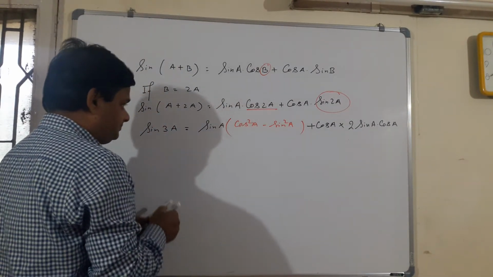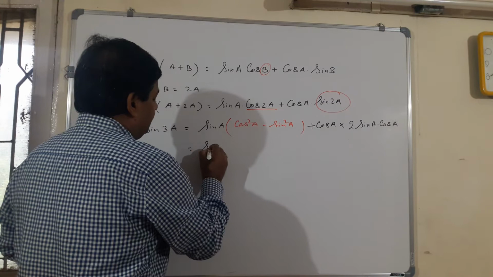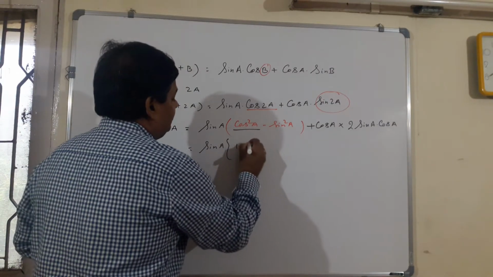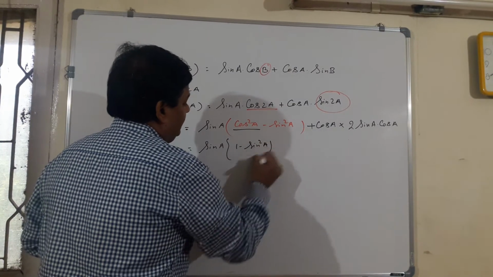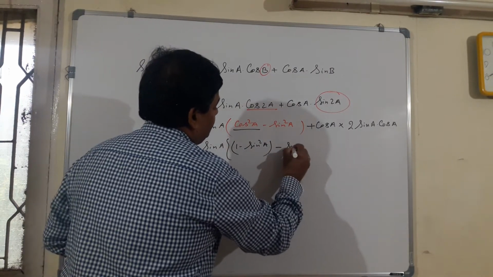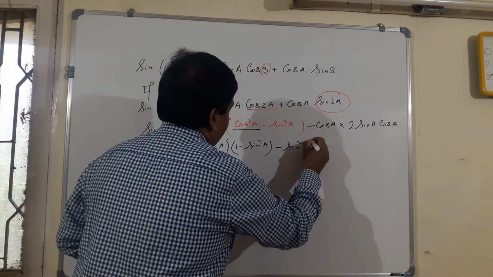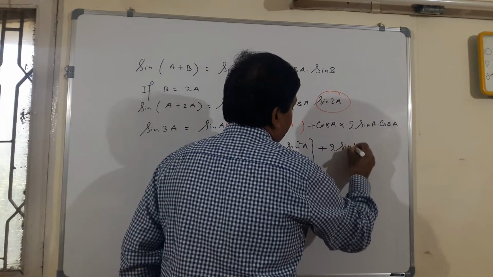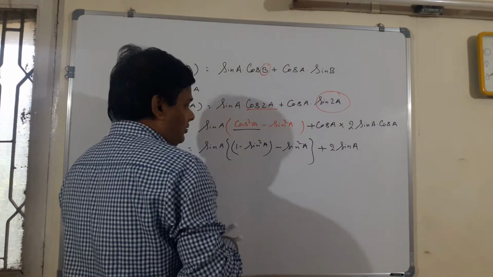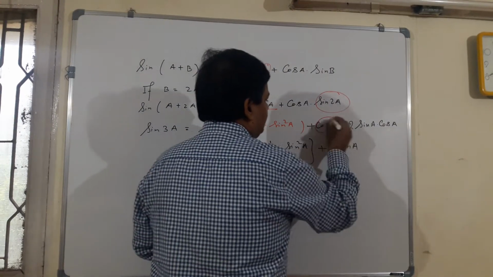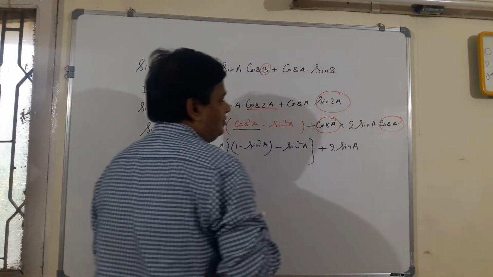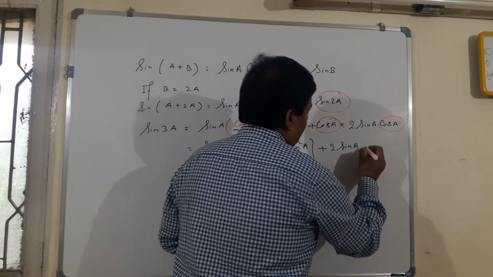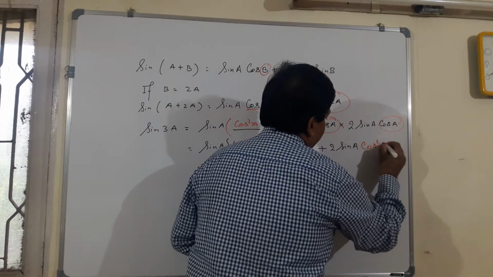So see here, cos square a we can write as 1 minus sin square a, minus sin square a, and here 2 sin a, and cos a into cos a is cos square a.